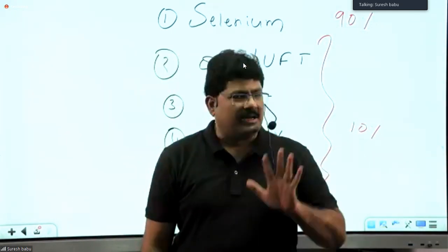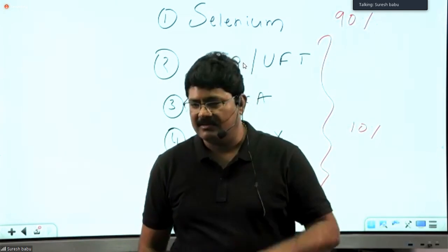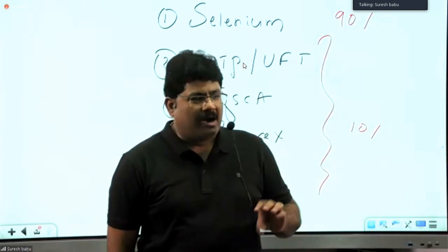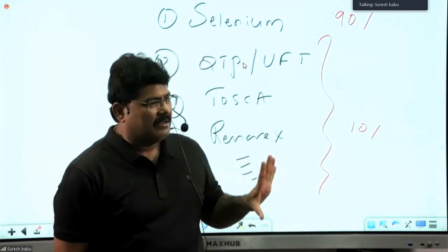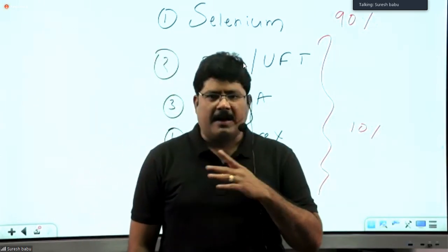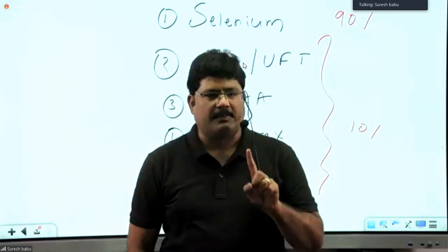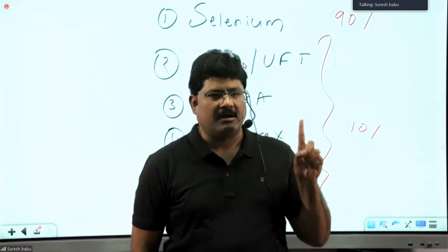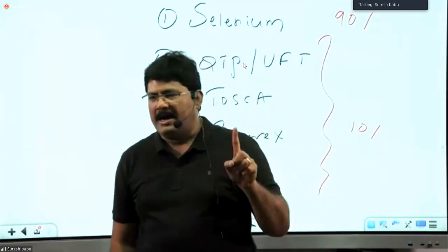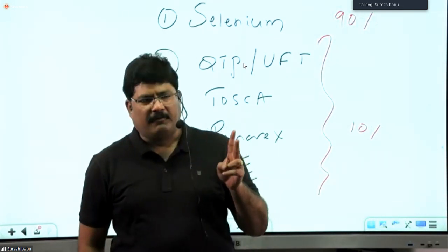When you talk about Selenium, it is open source and free. Any number of copies you can download and use, for learning or for running a business. The first point companies consider in deciding a tool is the cost of the product, the licensing cost. QTP is about 4.5 lakhs. Tosca is approximately 2.4 lakhs.